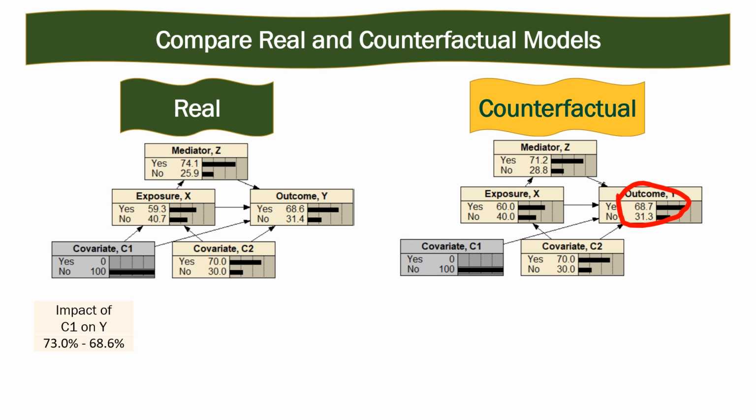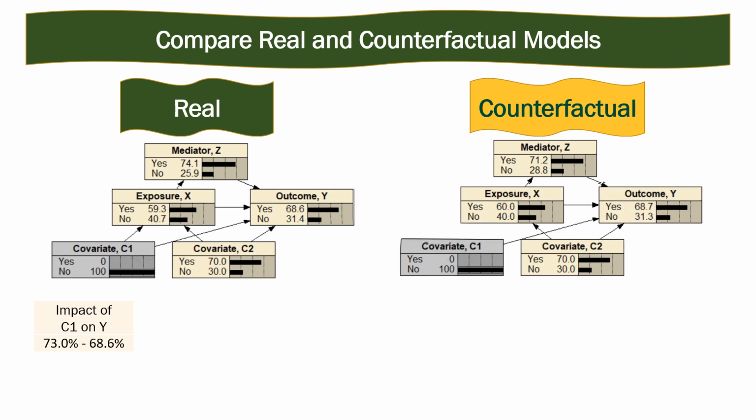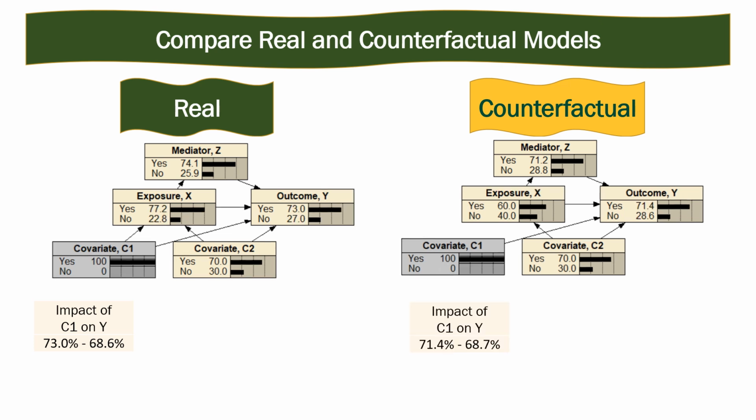And when C1 is absent, the outcome of Y is predicted to be 68%. So the change in C1 from being absent to present leads to a change of 71% minus 68% in the outcome Y.